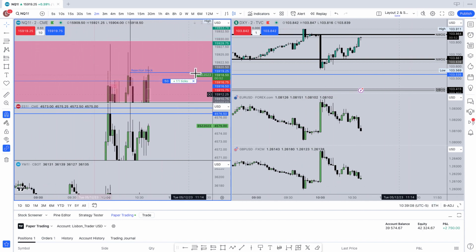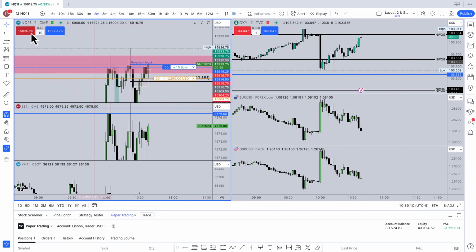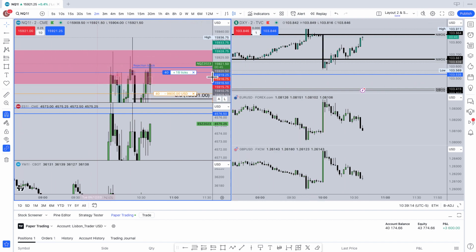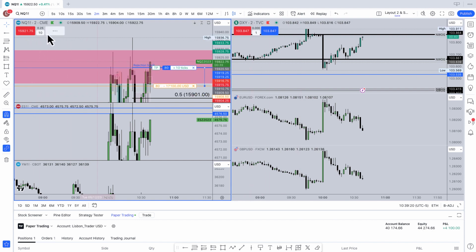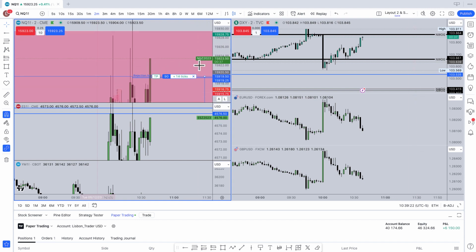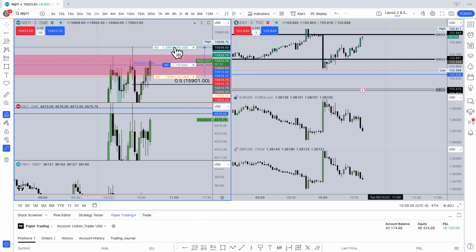Put some into equity, 41, 40. Buying near the rejection block. And then wanting this to be pierced.